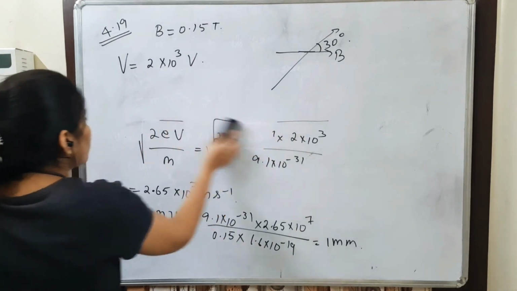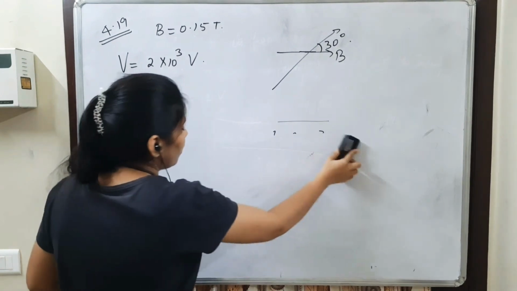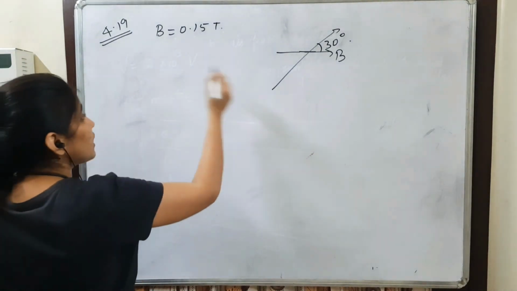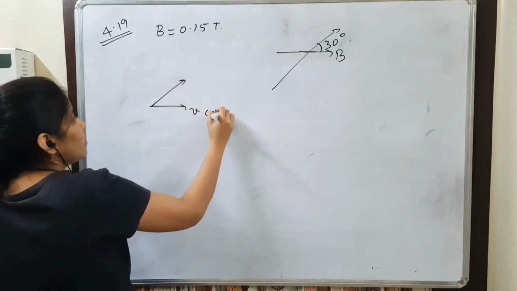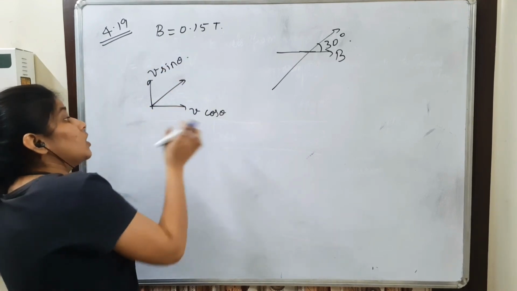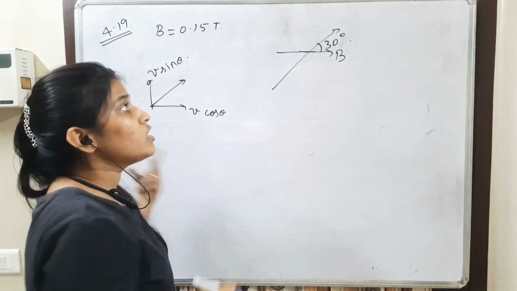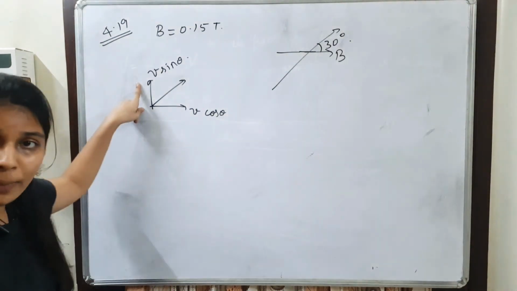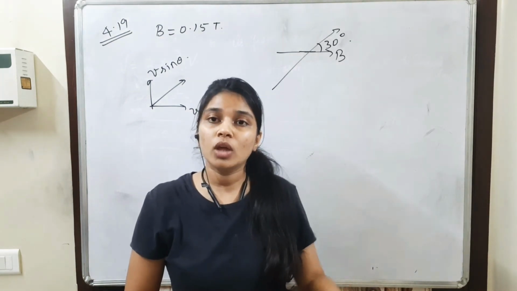In theory we have already discussed, whenever we have this type of inclined or oblique velocity and magnetic field, the velocity can be resolved into two components, that is v cos theta and v sin theta. You know very well the velocity which is along the same direction as that of the magnetic field will not contribute to the Lorentz force. Only the perpendicular component alone will be contributing to the Lorentz force.